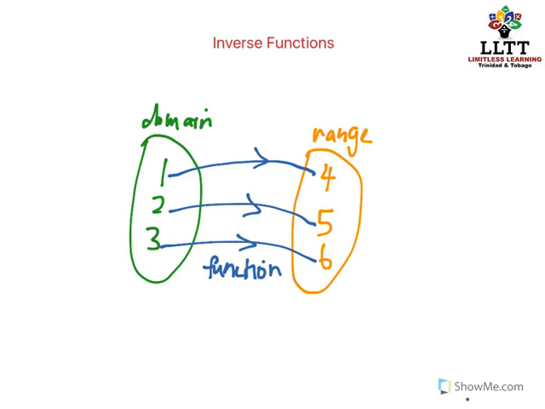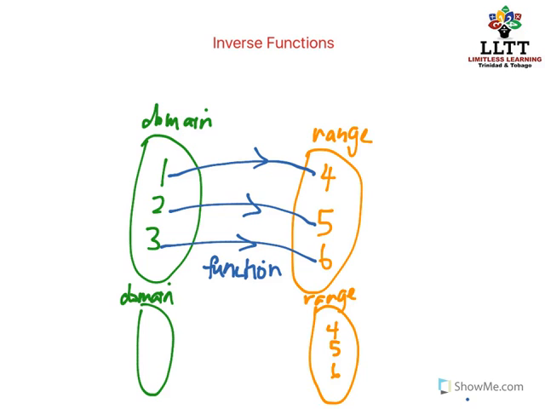Now, what if instead I wanted to go from my range to my domain? So I still have my range, I still have my domain, it's still 4, 5, 6.